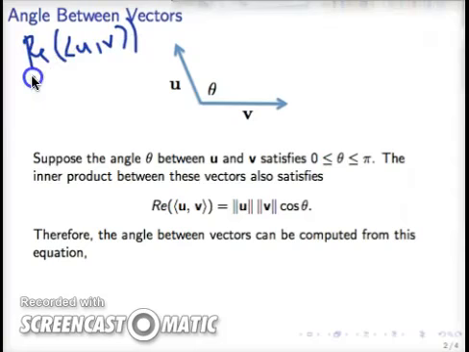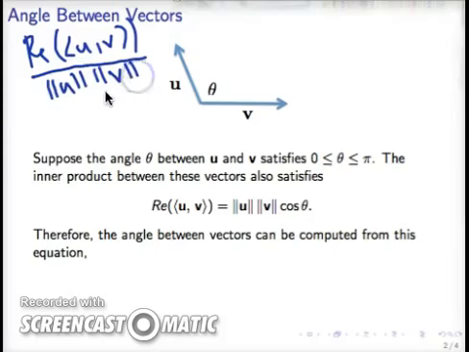If we solve for cosine, we divide by the norm of u, and the denominator also involves the norm of u multiplying the norm of v. This whole ratio would be exactly equal to cosine of theta, if we solve for theta.